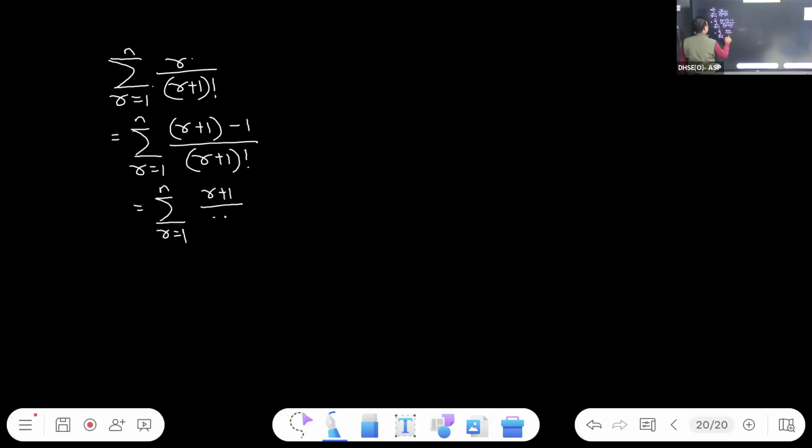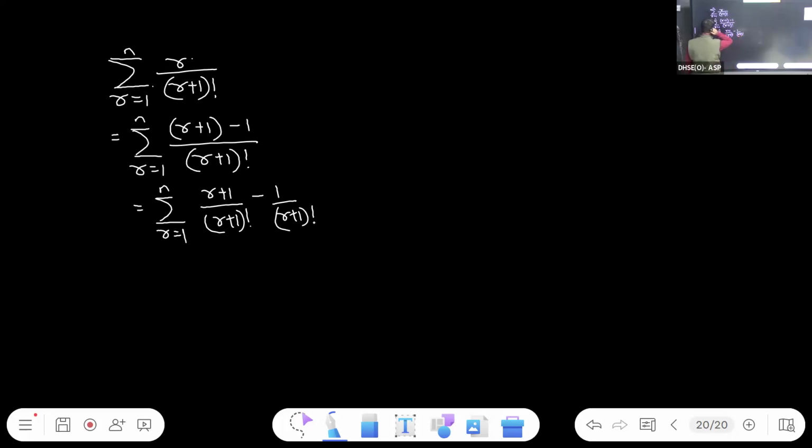This is also a telescoping series. This is equal to sigma r equals to 1 to n r plus 1 minus 1 upon r plus 1 factorial. This is equal to sigma r equals 1 to n r plus 1 upon r plus 1 factorial minus 1 upon r plus 1 factorial.